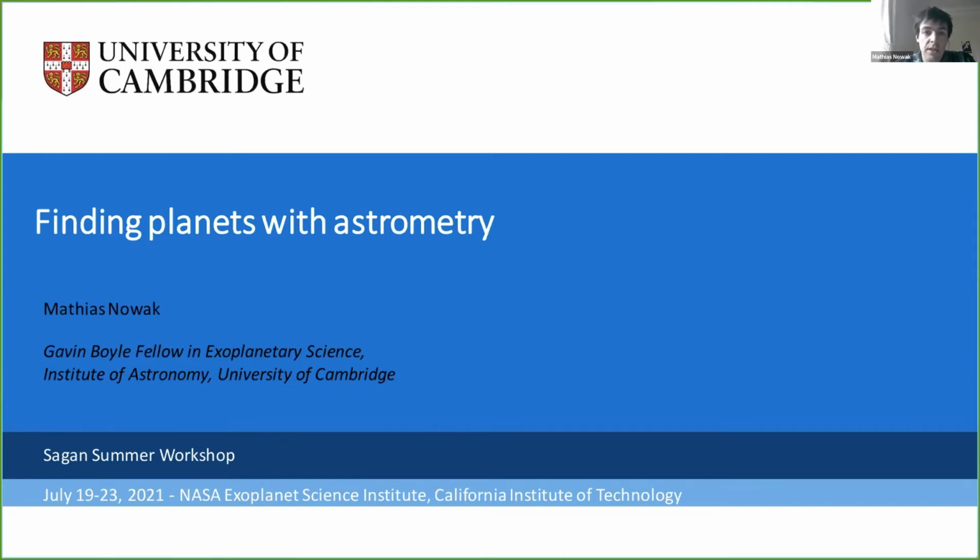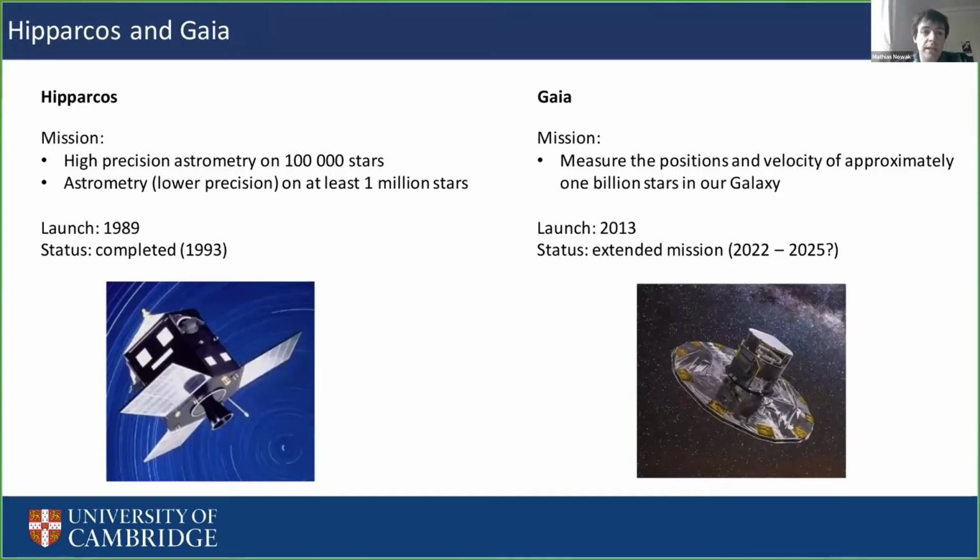In this summary, I won't go through the details of this. I want to give a broader picture to talk about some of the challenges and some of the possible future developments in that field.